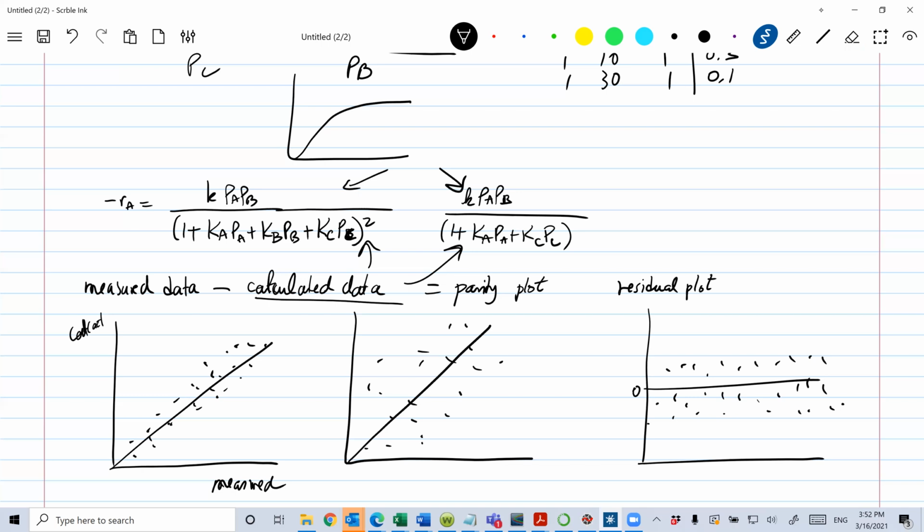If it's randomly scattered across zero, that means it's pretty good. But if you have a trend going down or up, it probably means it's not the best.